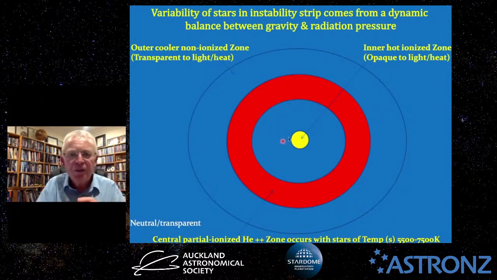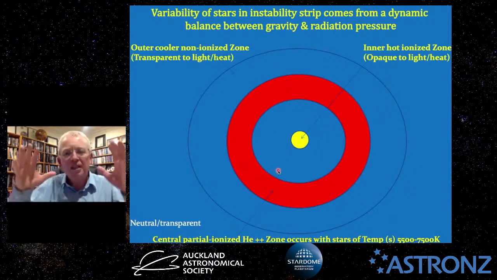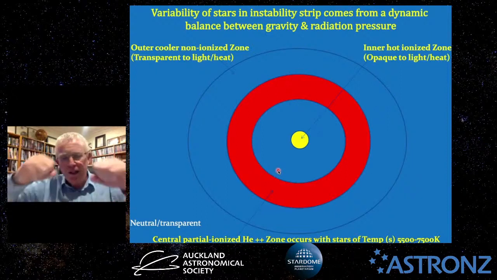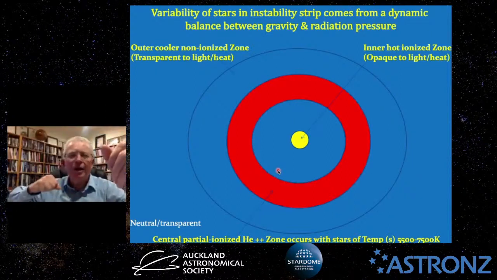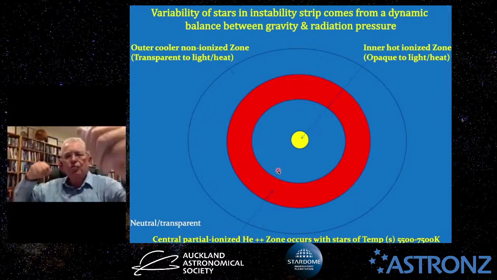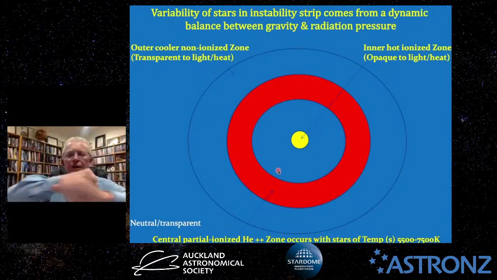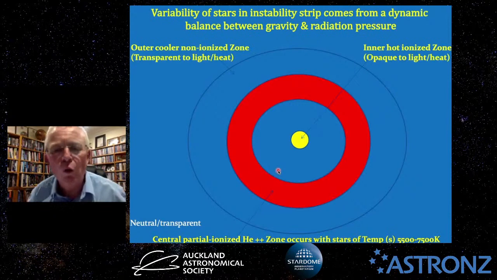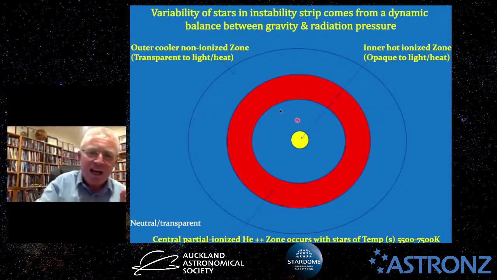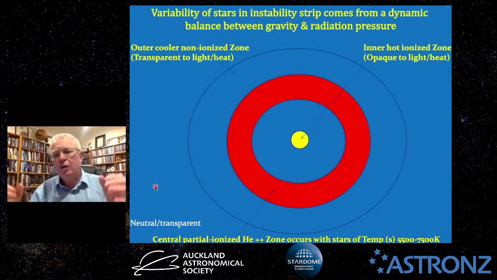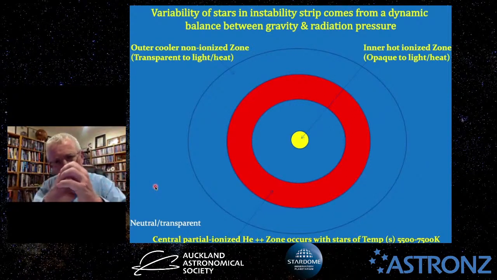In a star, the inner core and the inner regions are really hot, so the material is ionized. The electrons are pulled out, and the electrons and the atomic nuclei, hydrogen and helium, are running amok, totally independent of each other, having a ball. Of course, that region is opaque to light. At the other extreme, in the outside part of the star, it's cooler, so a lot of the electrons have joined back up again.